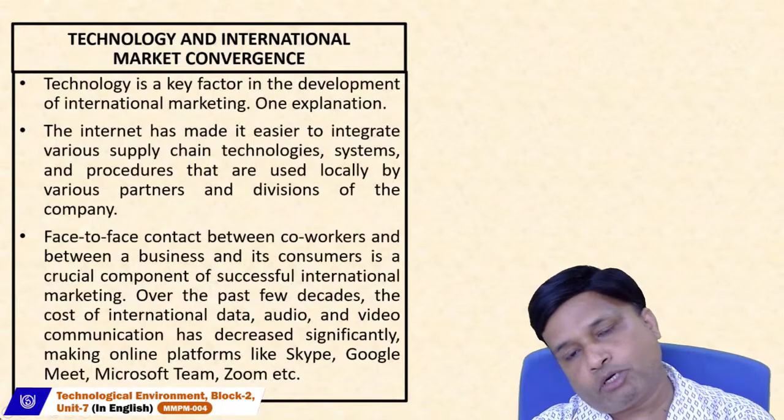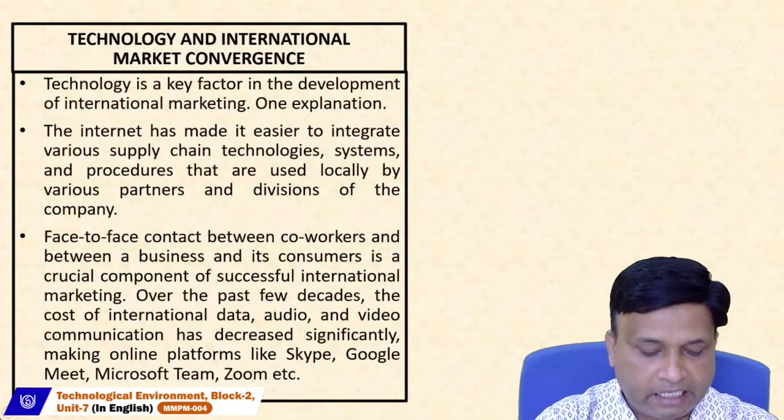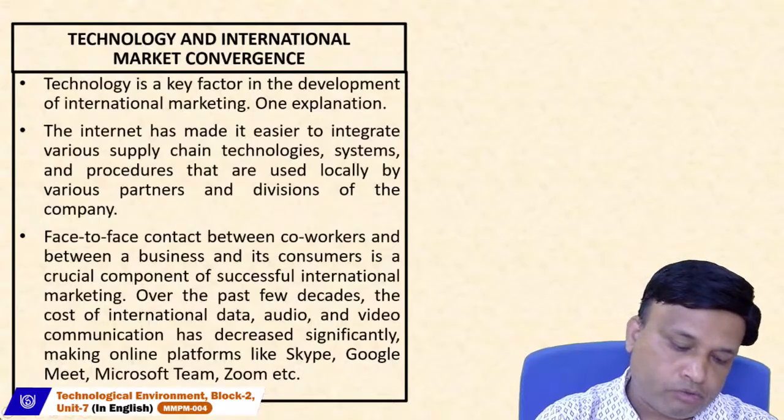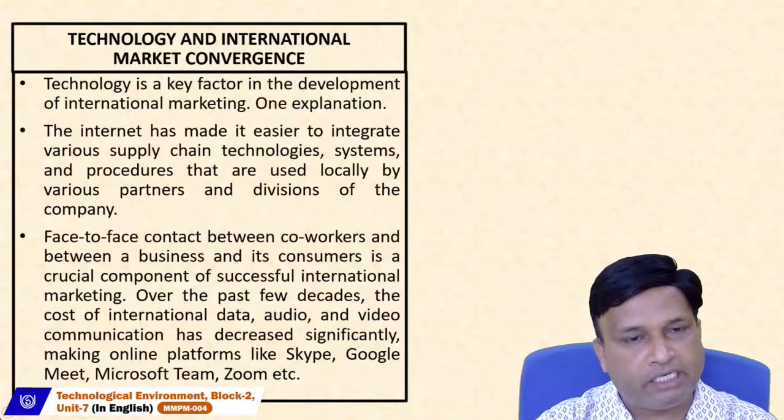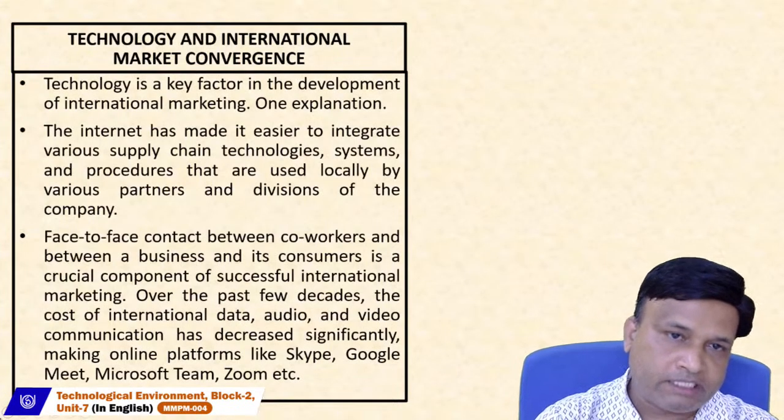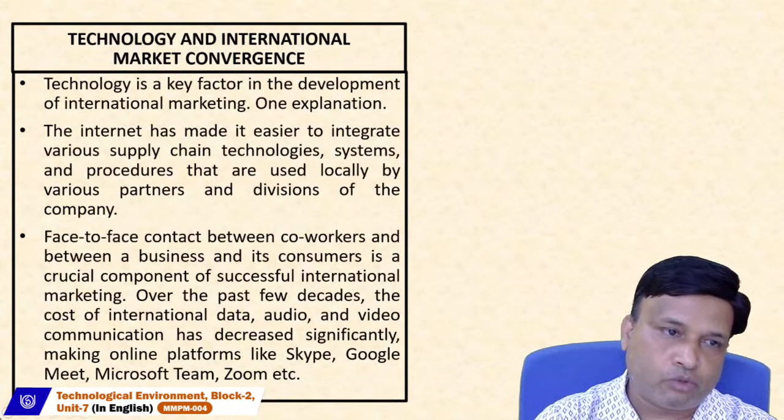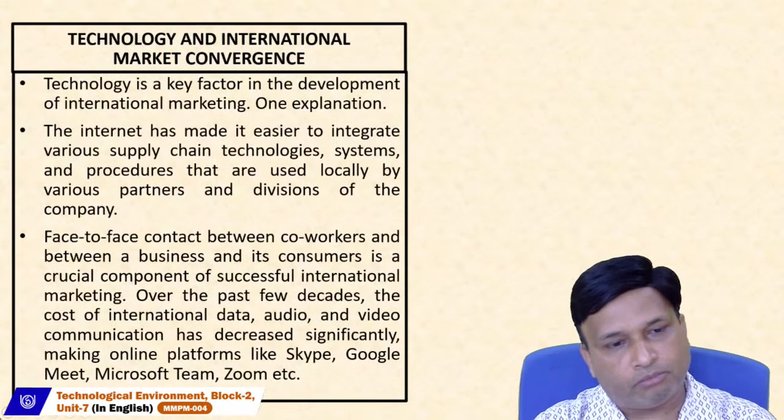No need to go for production or direct manufacturing, you can directly reach the globe even if you do not have your own product. So that is why the internet has made it easier to integrate various supply chain technology systems and procedures that are used locally by the various partners and divisions of the company.